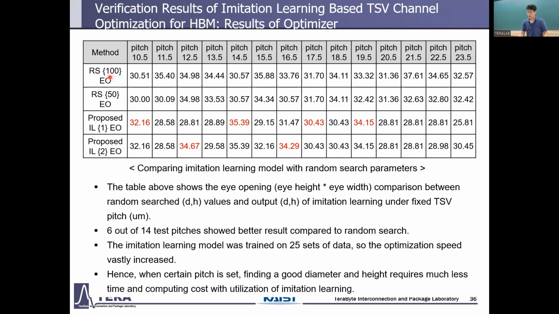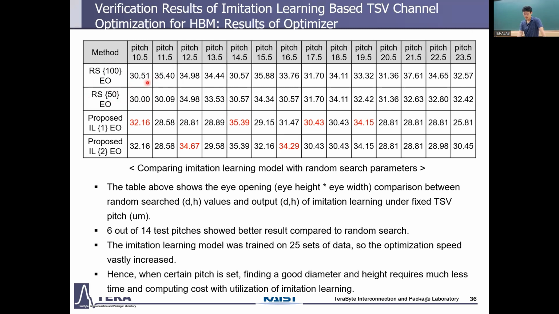So this 100 number means that I ran the data for 100 times. Basically, this data is the best eye-opening from 100 times of random search at pitch 10.5. Obviously, this data has to be the same or bigger than this data, because this is the best data from 50 sets, and this is the best data from 100 sets.